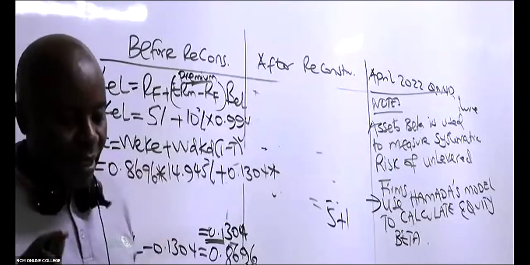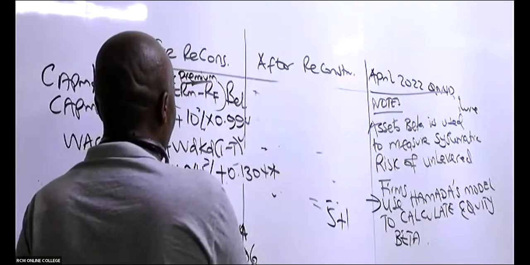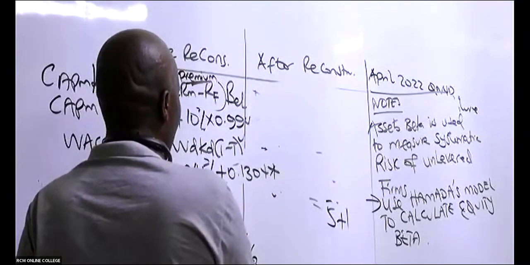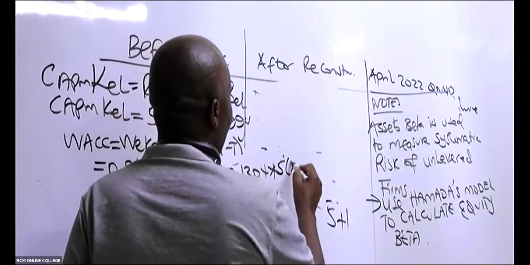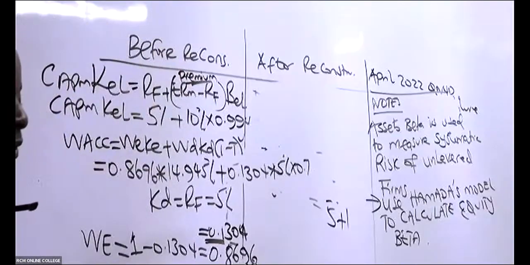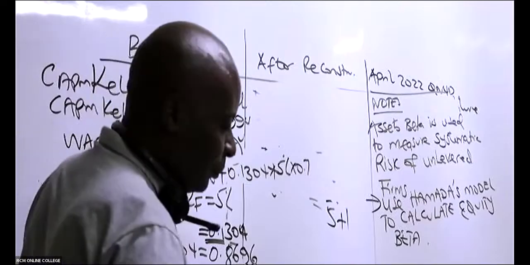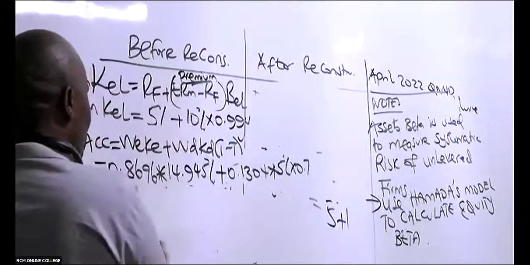Risk-free rate. So in this case, KD equals risk-free, which is 5%. So times 5% times 0.7. 0.7 is the 1 minus tax. So then what is our WACC, my good students?